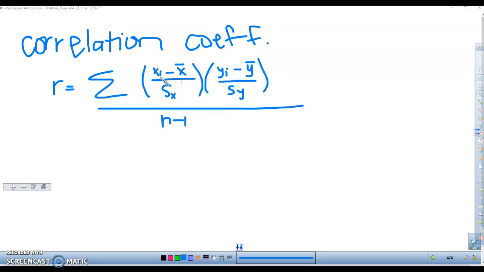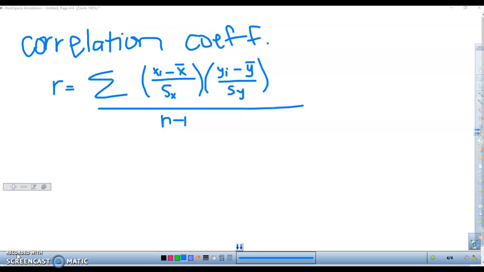What all this stuff is we have our x observation minus our x bar, which is our sample mean, over our sample standard deviation. And then we do the same idea with the y part of the points. So the y part of the observation minus y bar over the standard deviation of y. Of course, there is a way to do this on our calculator, which we'll look at.